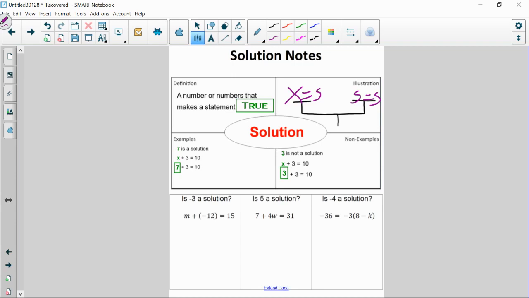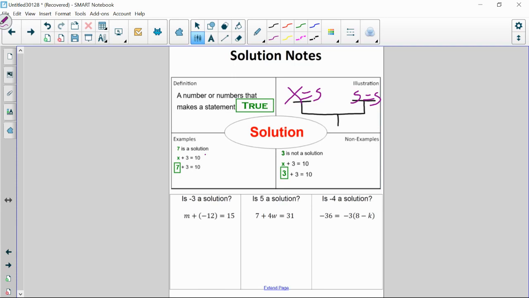An example is to say 7 is a solution. Then you're given an equation of x plus 3 equals 10. Like we did with evaluating expressions, replace the variable with its given value, and we find out 10 equals 10, so that is true.